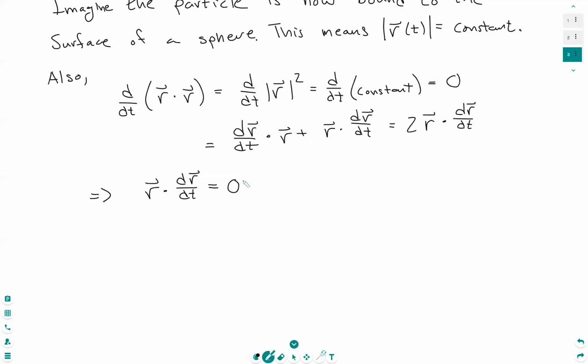If we remember back to our dot product properties, if the dot product is equal to 0, that meant that the two vectors were orthogonal. So this means that r and dr/dt are orthogonal.